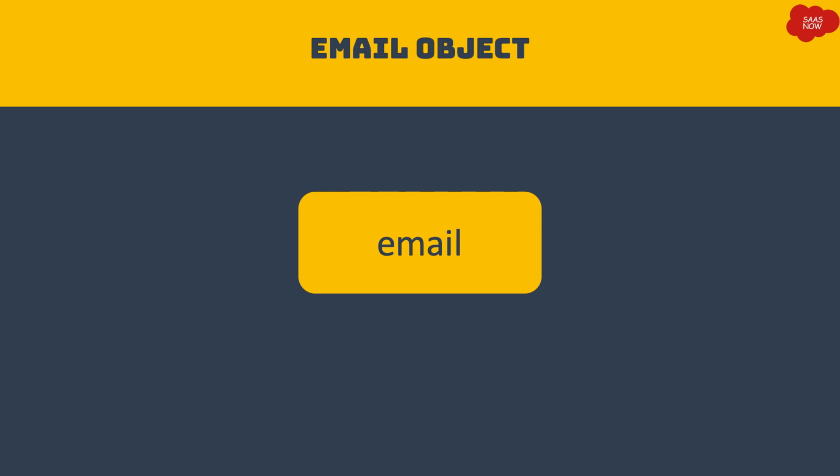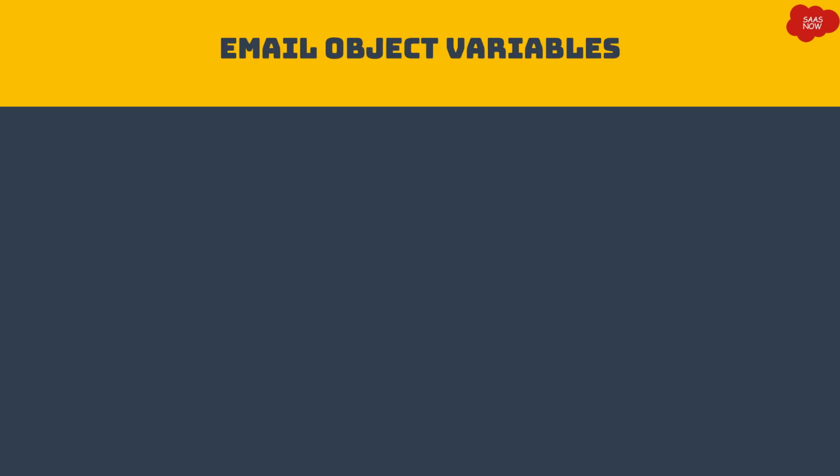So the object we have to access email variables is email. Let's see the variables which you can use with the email object. So the first variable is email.to, which stores email addresses mentioned in to and CC of the incoming email, which is comma separated.